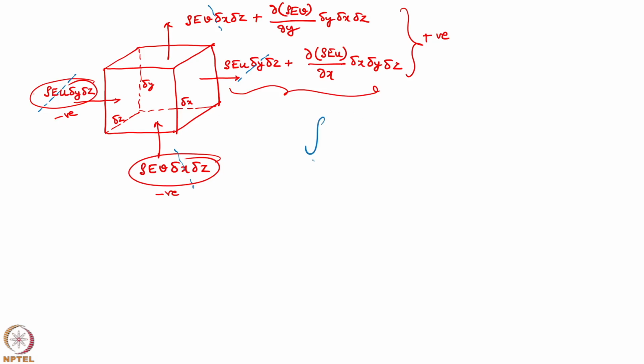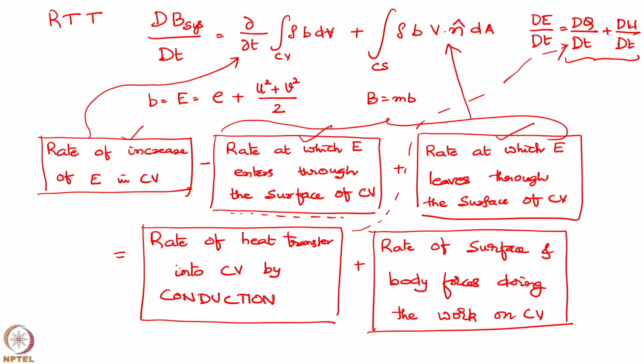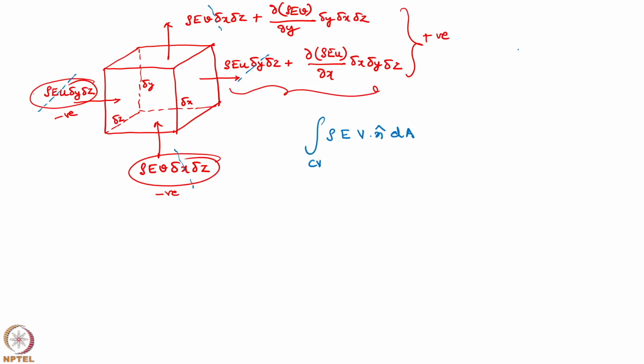That is the control surface integral of rho E V dot n dA. Remember, this is what we are trying to write. So, you have E into the flow rate, that is rho into u into delta y delta z.